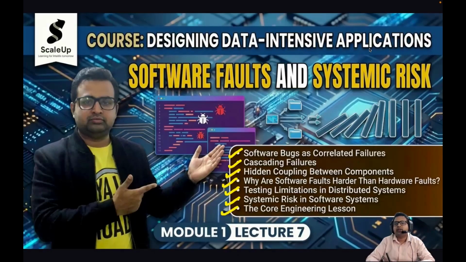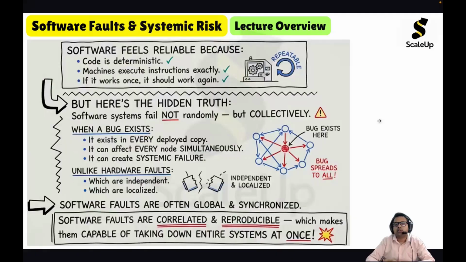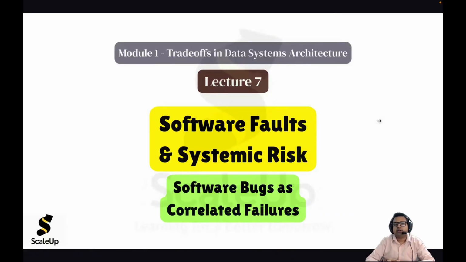We will discuss all these topics one by one. This is module 1, trade-offs in data systems architecture, lecture 7, software faults and systemic risk.